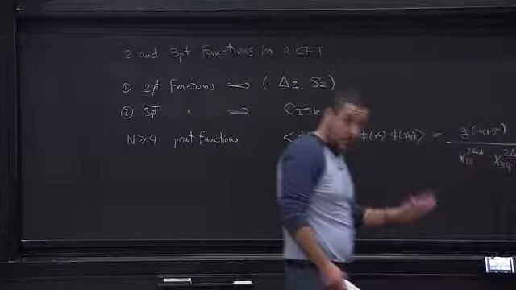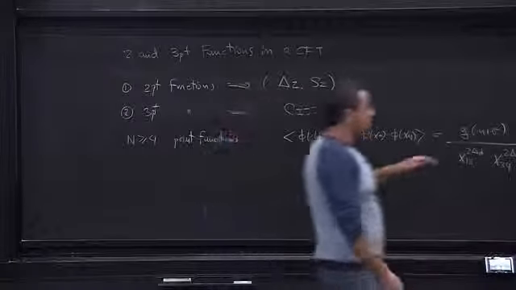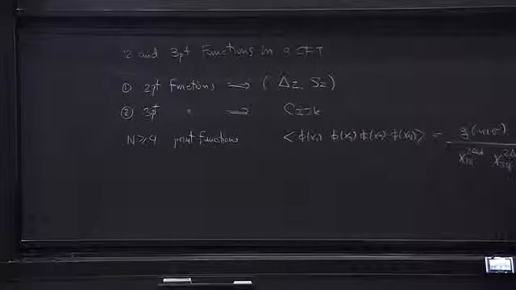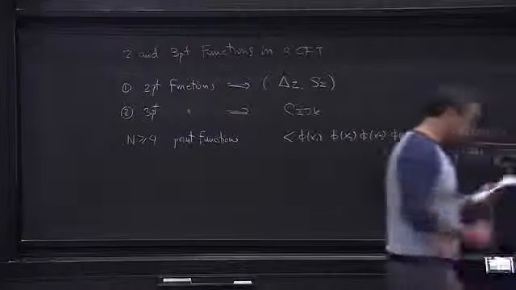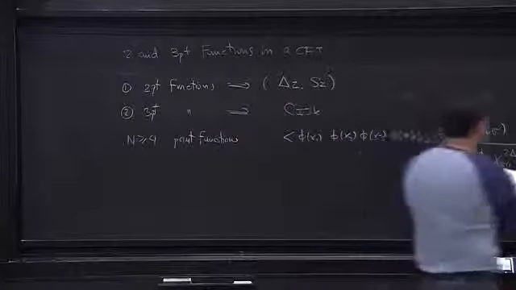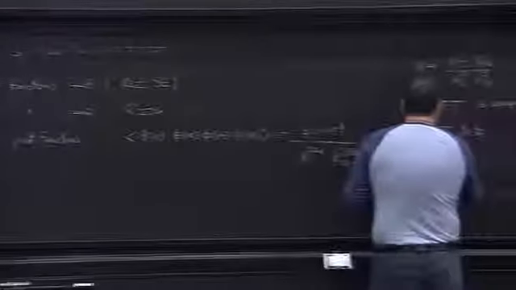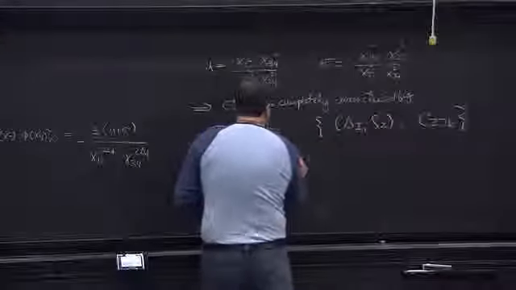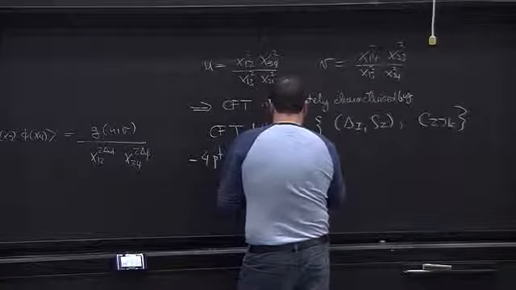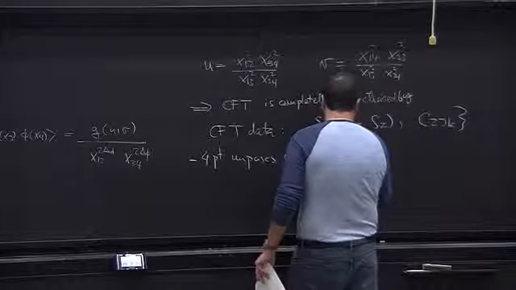The point is that no. So consistency of the 4-point function will put huge constraints on this, okay? And that's what we want to study. Okay, so let me just write it. Imposes constraints on CFT data.